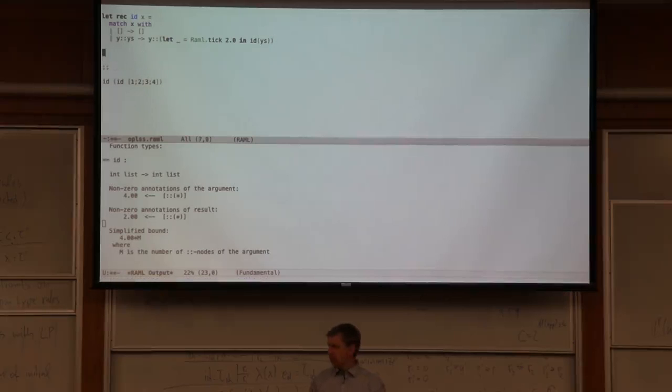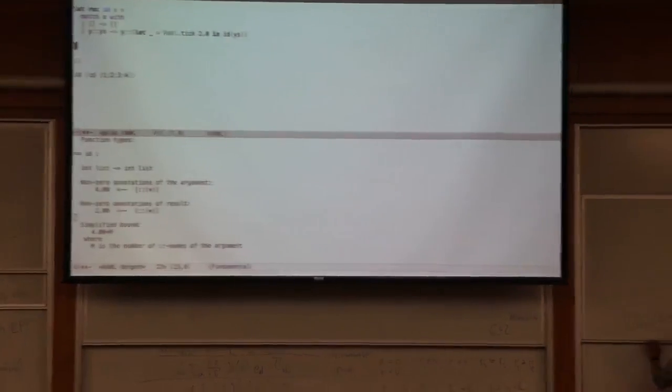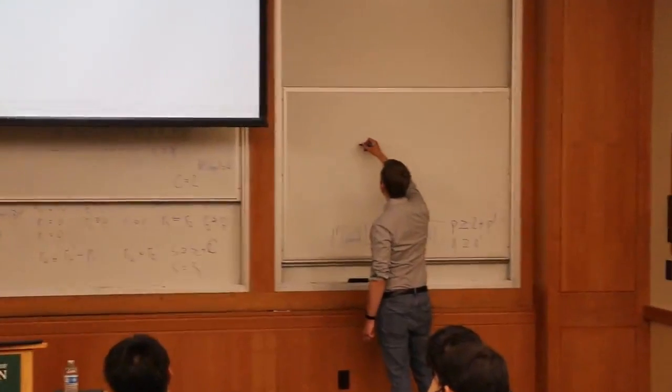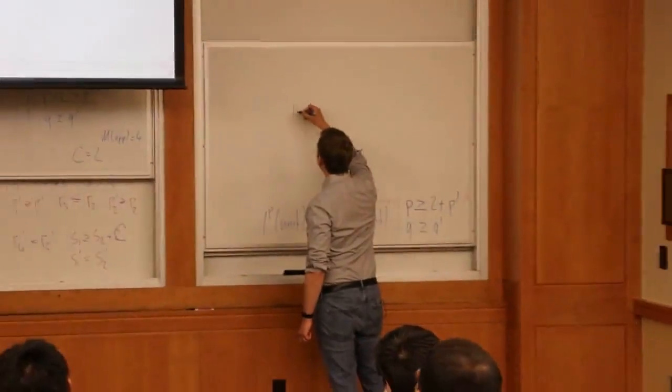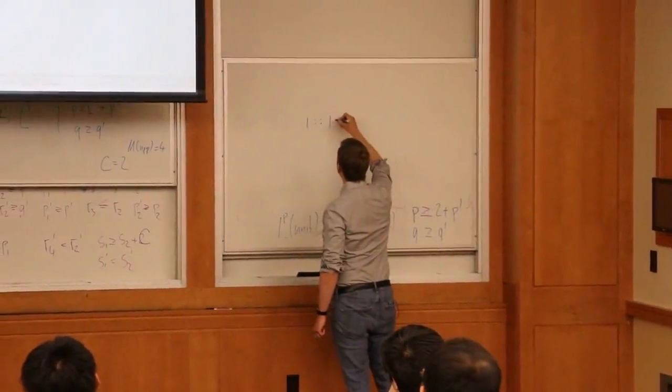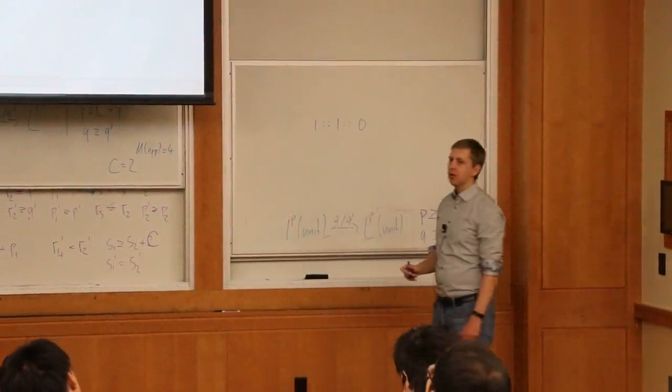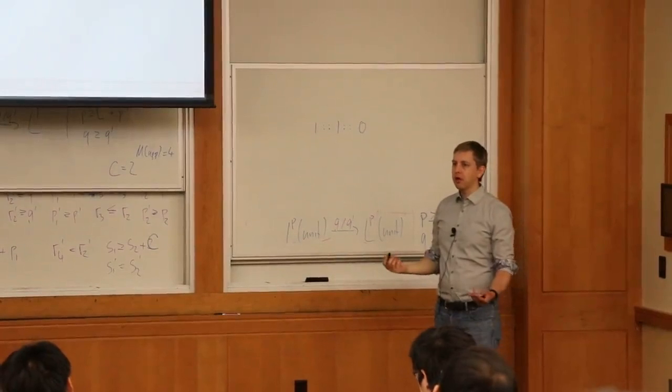So if you remember the analysis of the binary counter from yesterday, the idea was that we have an increment operation for a binary counter, and if you have something like 1, 0, and you want to increment it, then it's very expensive, right?